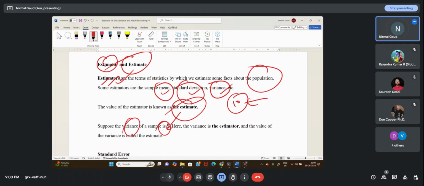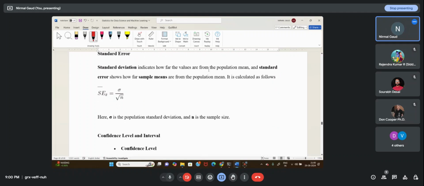Standard error. Standard deviation indicates how far a value is from its mean, and standard error shows how far a sample mean is from the population mean. Remember, important.